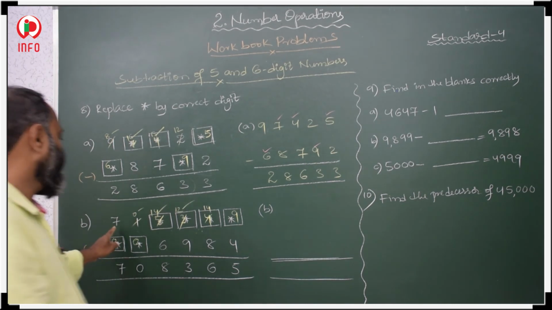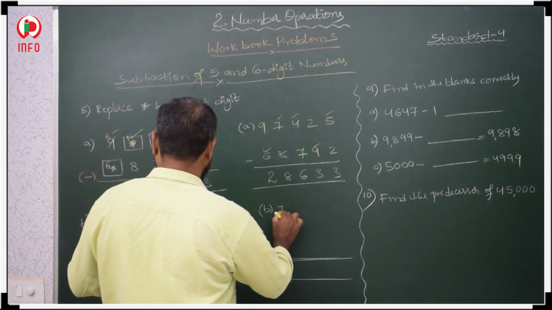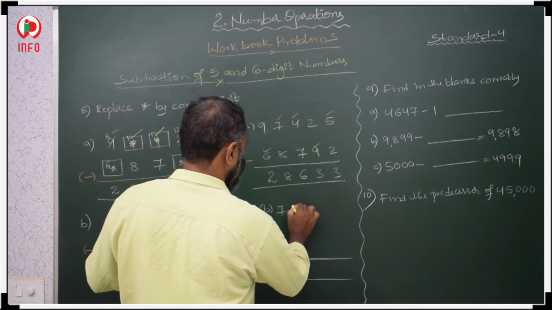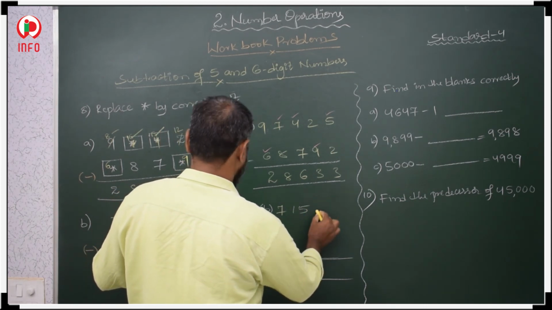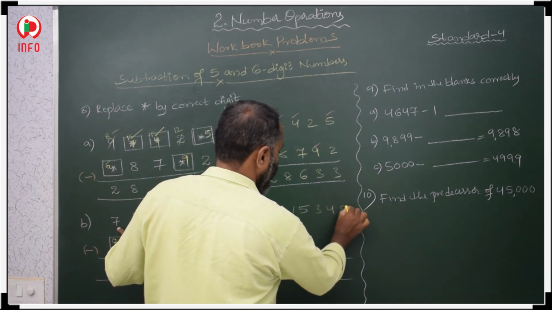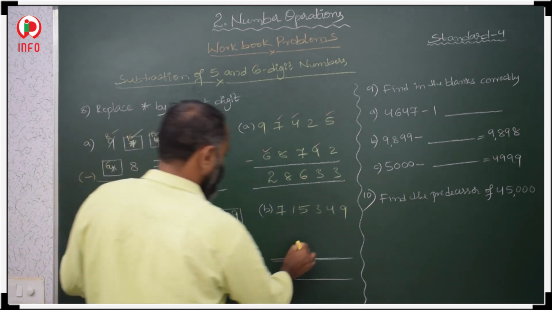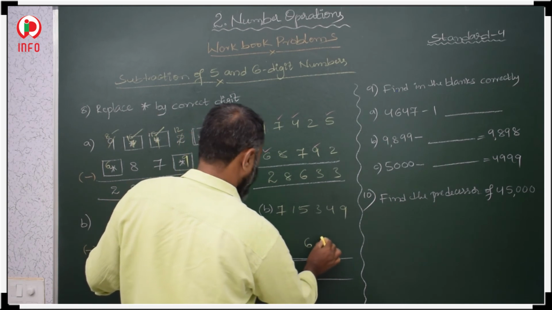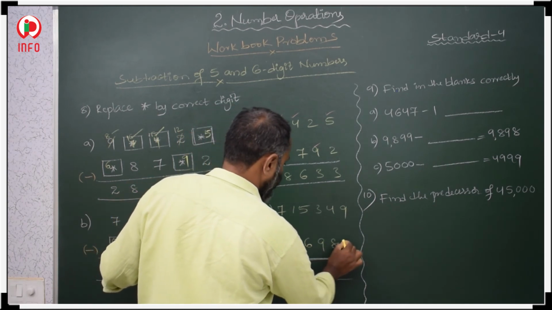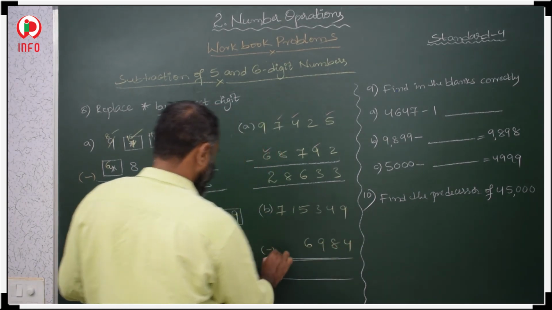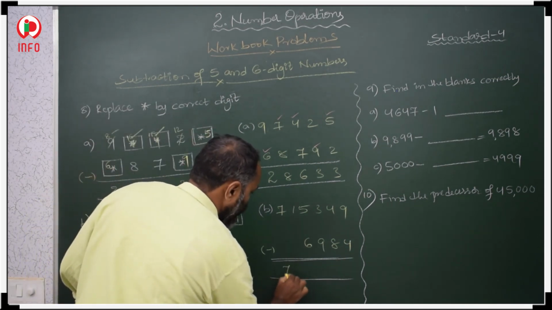Now you have to write the number. 7 lakhs 15,349 minus 6,984. If you make minus, then you will get 70,000.